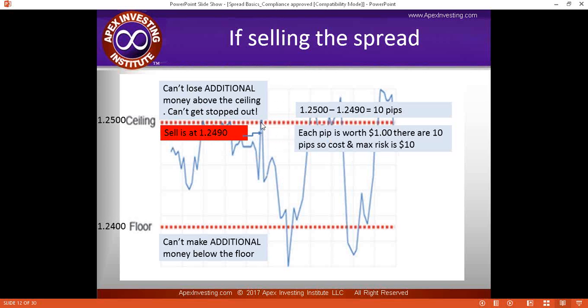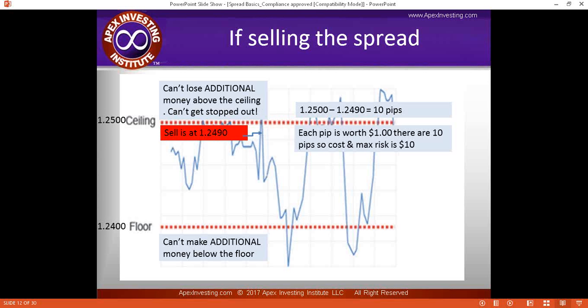The ceiling's 2,500. I sold at 2,490, so there's 10 pips, right? From 2,500 to 2,490 is 10 ticks. Each tick is worth $1. So my maximum risk is $10. Doesn't matter if the market goes up 10 ticks or goes up 500 ticks. My risk is capped at that ceiling.